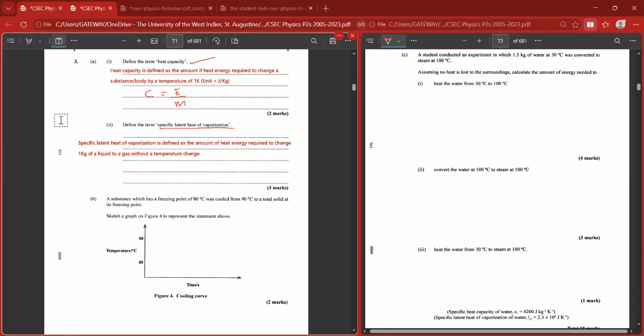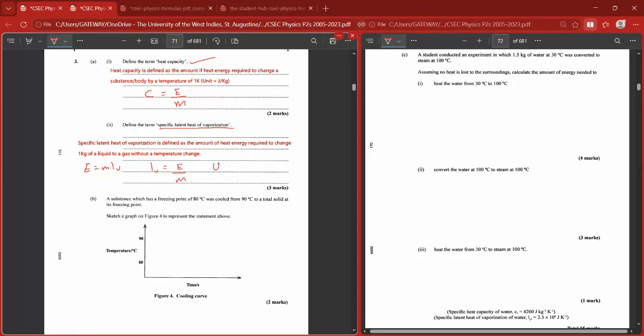Right? And we know the formula for energy is mass by specific latent heat of vaporization. So Lv would therefore be equal to energy divided by mass.